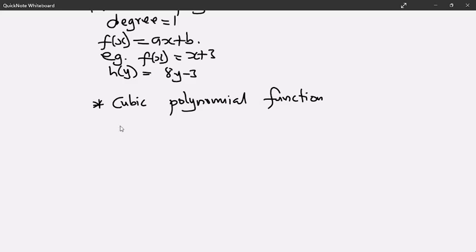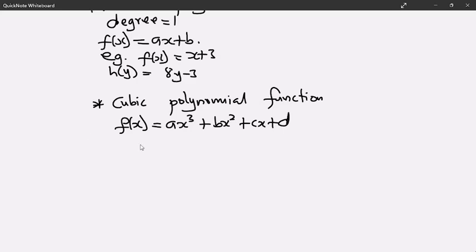So if a function has a degree of 3, that function is called a cubic polynomial function. So a cubic polynomial function is of the form f of x equals ax exponent 3 plus bx exponent 2 plus cx plus d. So this is the form that a cubic polynomial function assumes. Since the highest degree is 3, this type of polynomial function is called a cubic polynomial function.